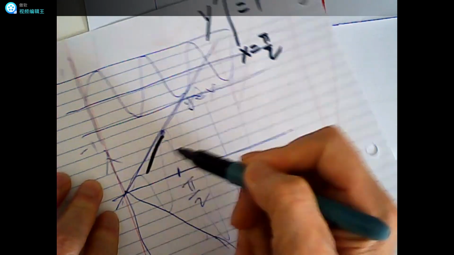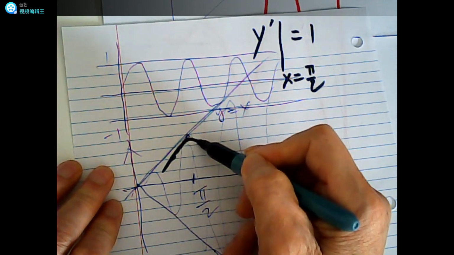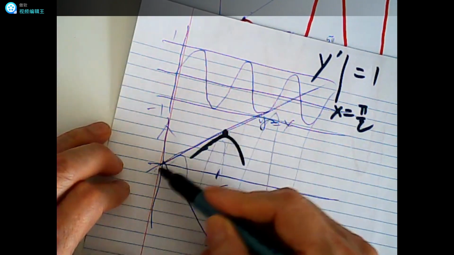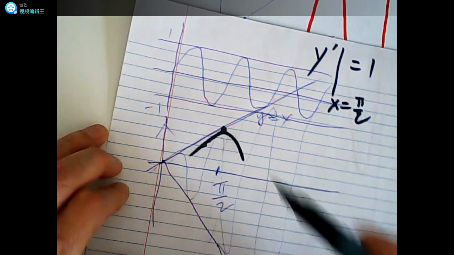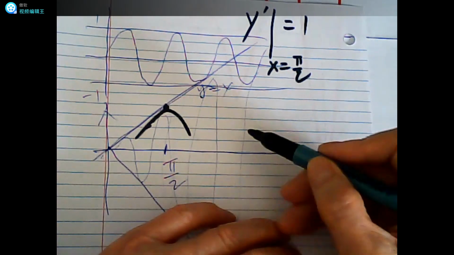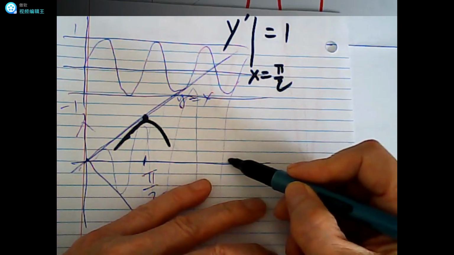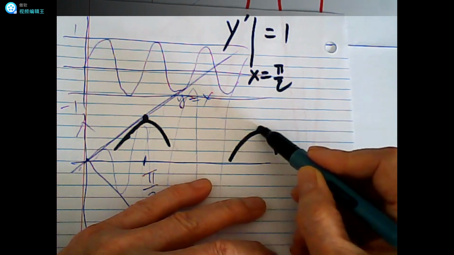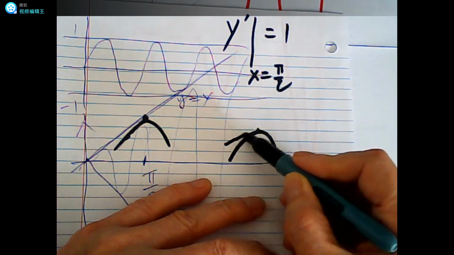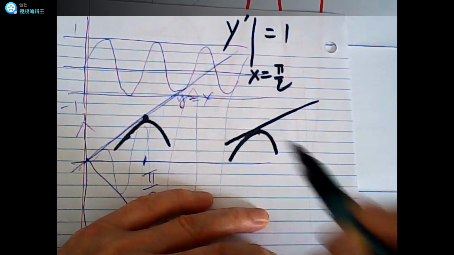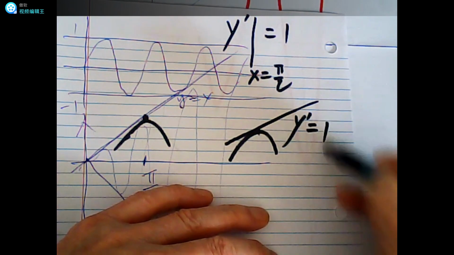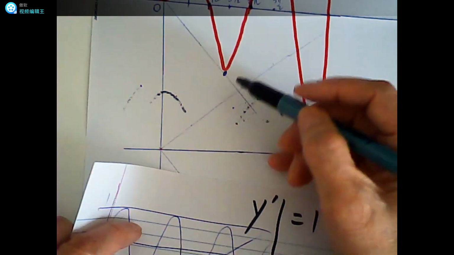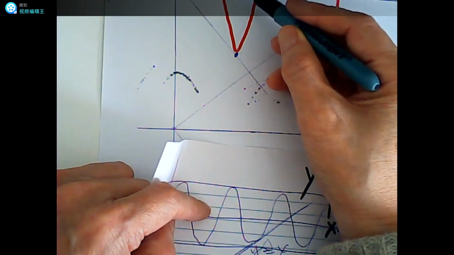Look, at this point the slope of the tangent is not 0, it's 1. Let me emphasize that. Okay, this is the maximum point. At this point, the slope of the tangent is 1. This slope is not 0.